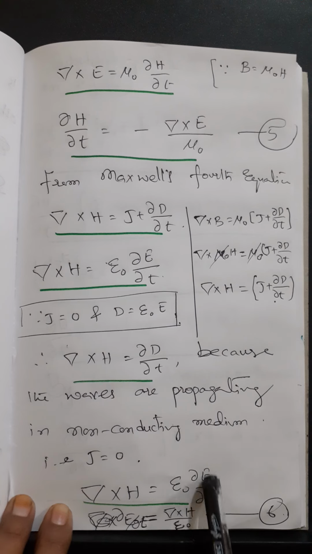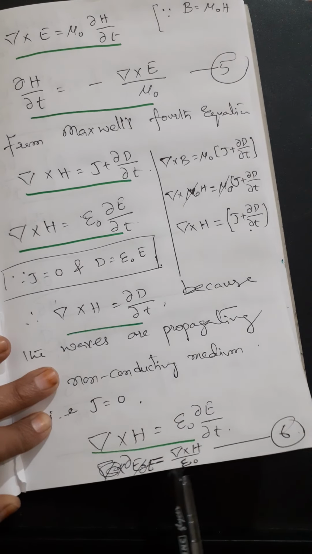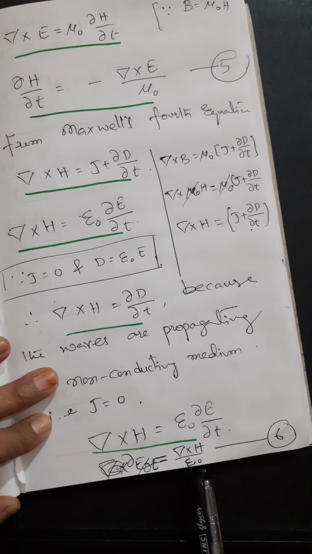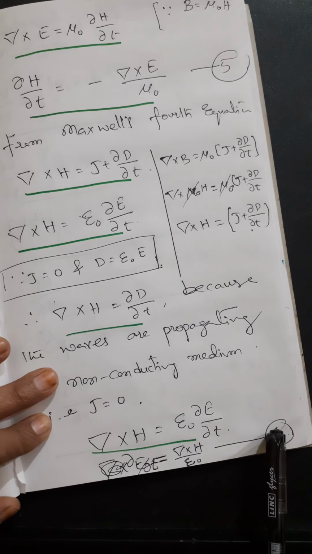Then by this equation we can write ∂E/∂t is equal to del cross H by ε₀. Let us take this as equation number 6.